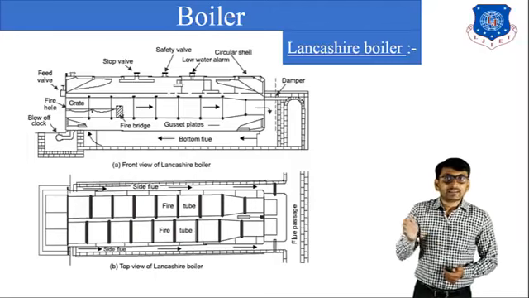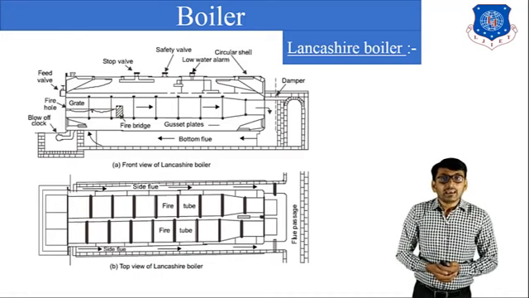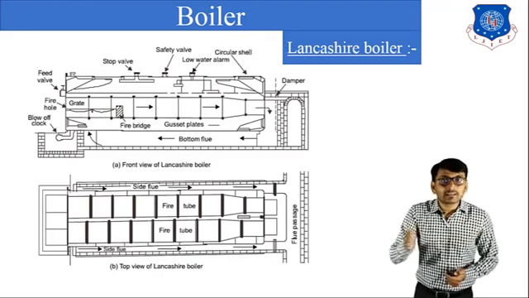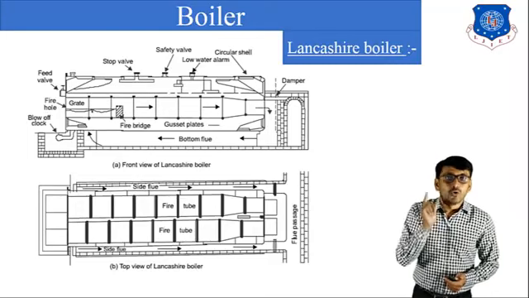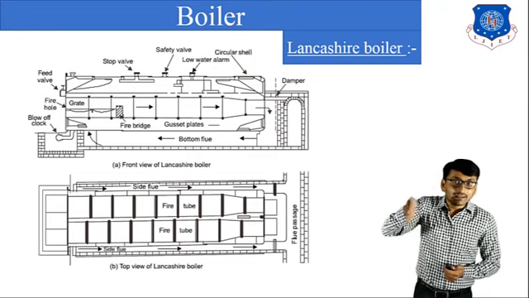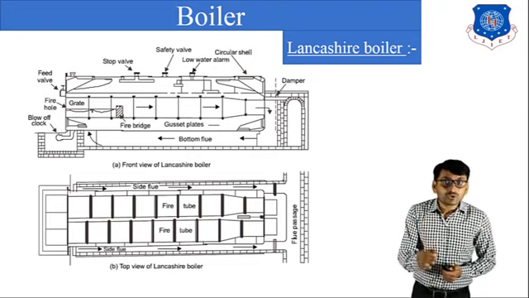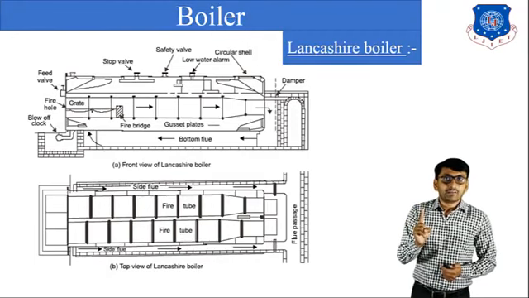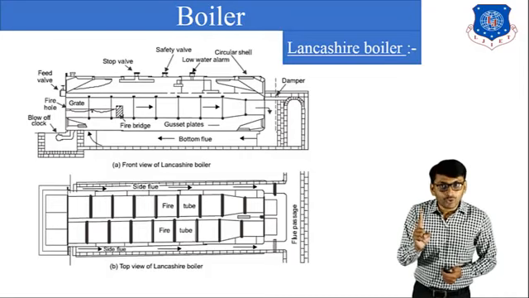When this high temperature gas exits from the main pipeline, it is transferred to the bottom side of the boiler shell. So it is called bottom flow. Then this high temperature gas passes at the side way of the boiler shell. So it is called side flow.